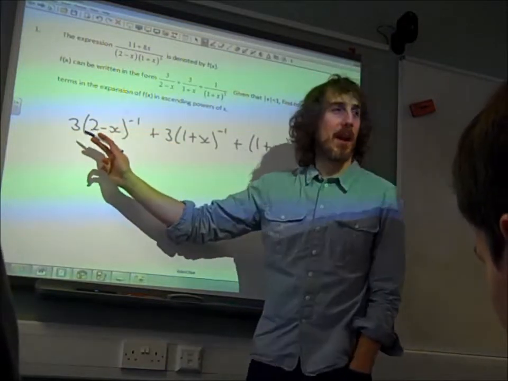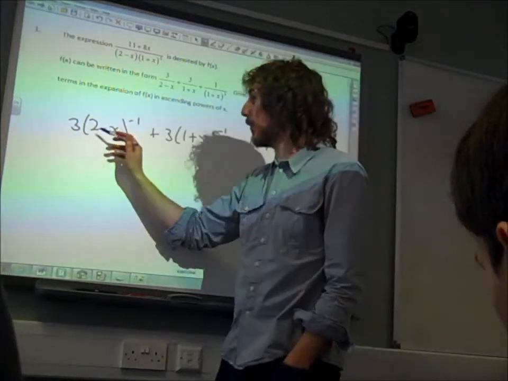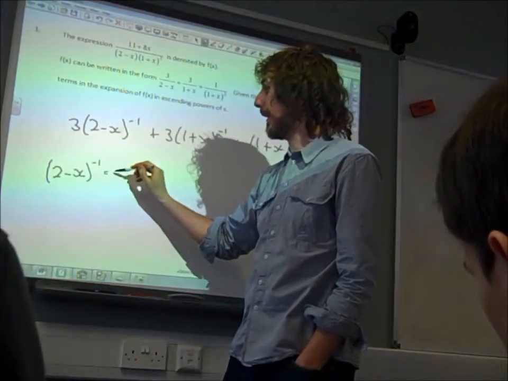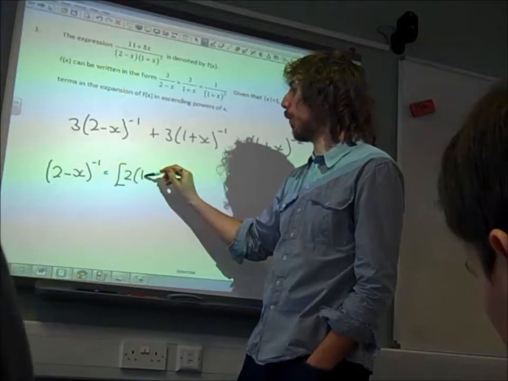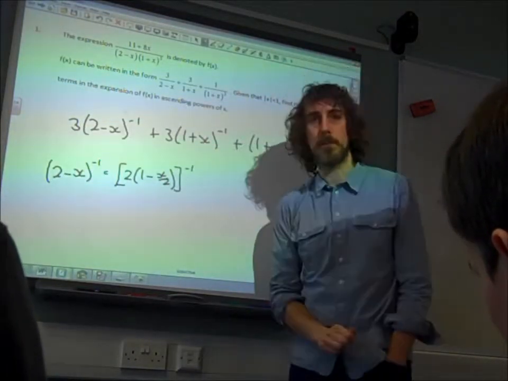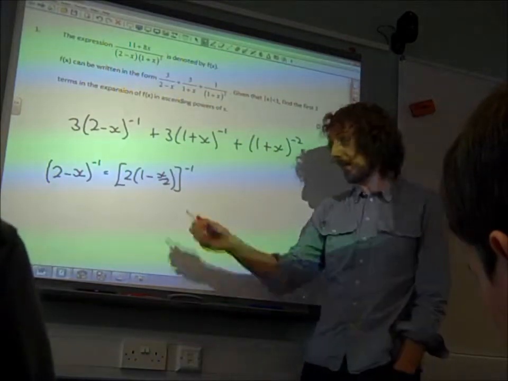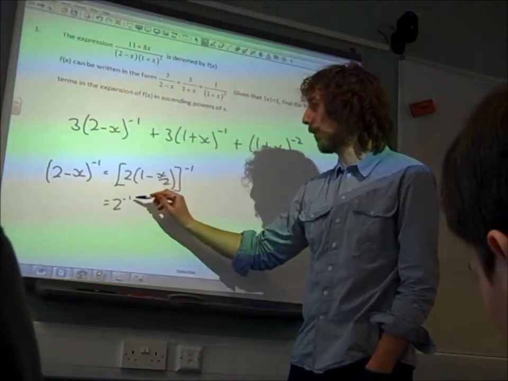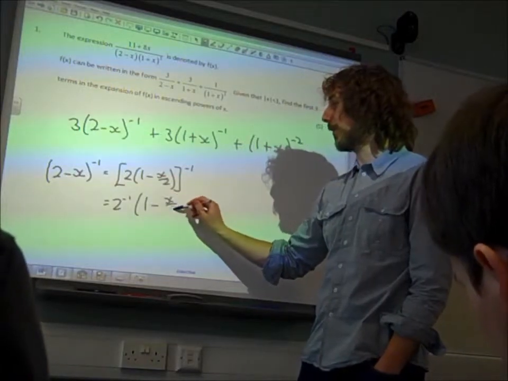Okay, so we're going to work out these individual ones here. 2 minus x, let's start with that. Remember that has to be 2 lots of 1 minus x over 2, all to the minus 1, because we need to get it as a 1 plus thing first, which is 2 to the minus 1 times 1 minus x over 2.